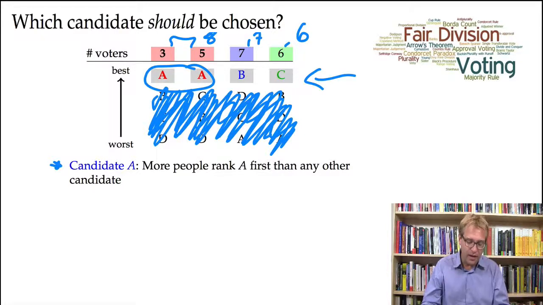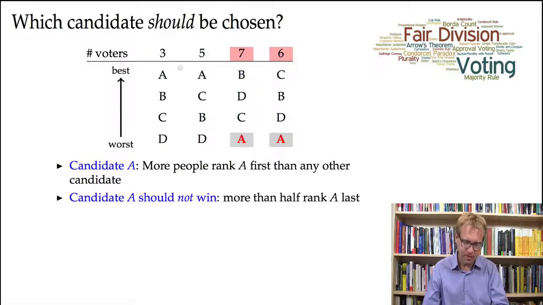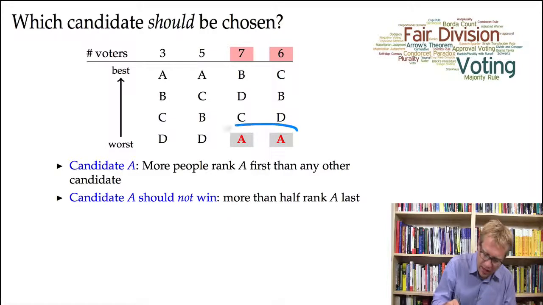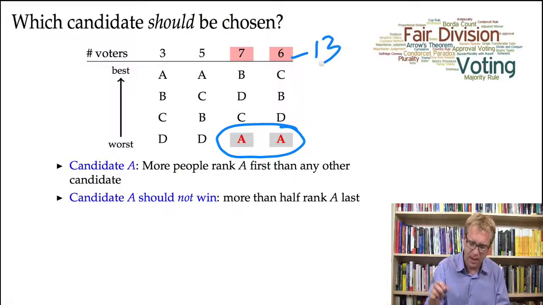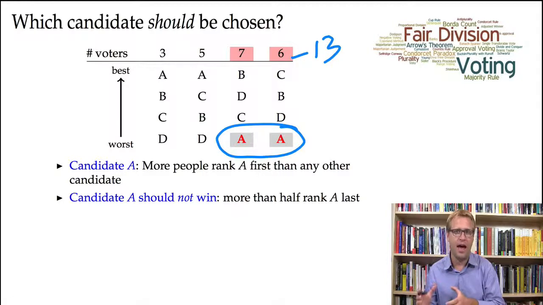However, I think there's a stronger argument why candidate A should in fact not win. If you take a look, note that 13 people rank A at the very bottom of their list. So that means more than half of the people rank A last.